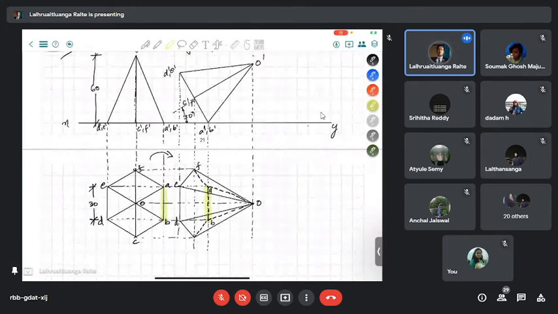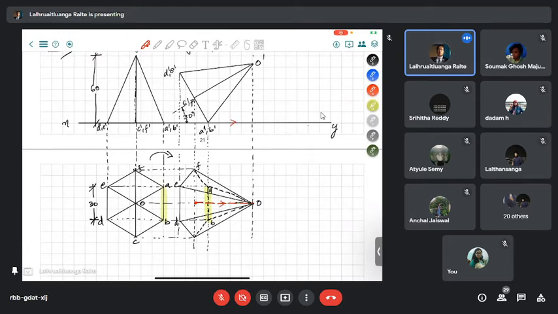So this is our axis. So it's still parallel to the vertical plane. Yes. So look at this, it's still parallel.